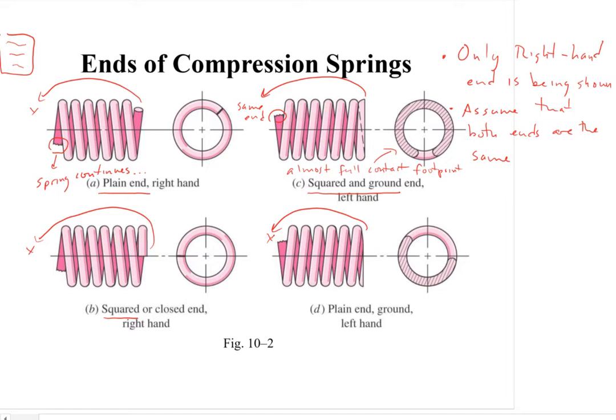Right there, that's squared and ground. And plain ground just means that they ground off the last little bit of the last coil. It used to be here, and the part sticking out they just ground off. If you grind a little deeper, then you get to squared and ground. But plain end ground is a little less grinding and much less contact footprint.